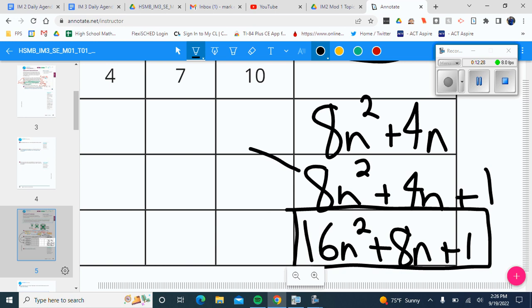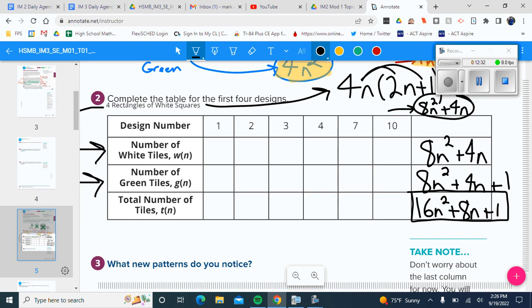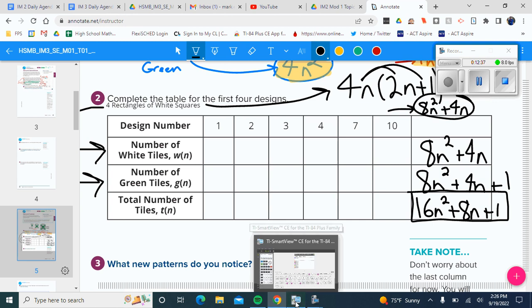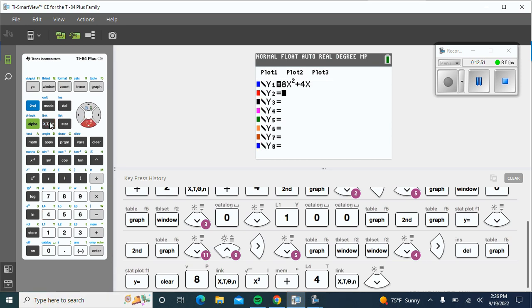Now if you're looking at this table, you're like, how do I fill out the rest? We're going to let our calculator do the heavy lifting. I'm going to show you how to do that. So take out your graphing calculator, and we're going to type in each of these equations. So we're going to have 8x squared plus 4x to represent the white tile pattern.